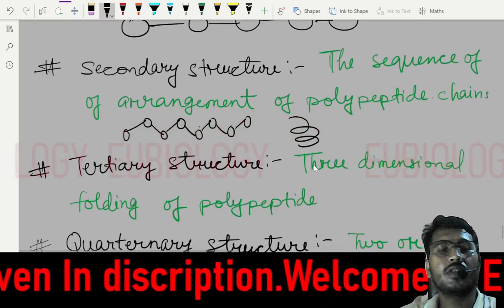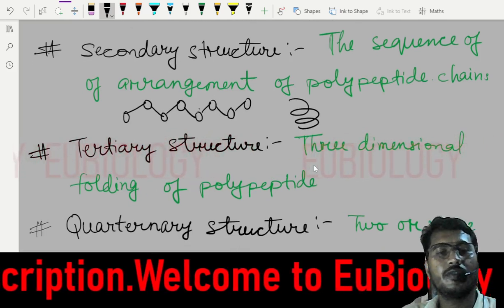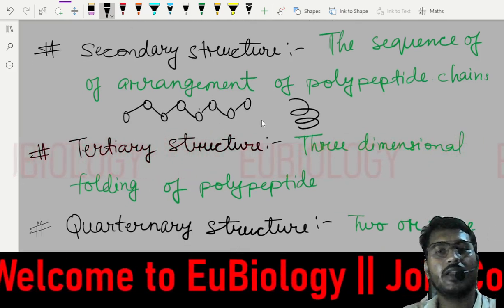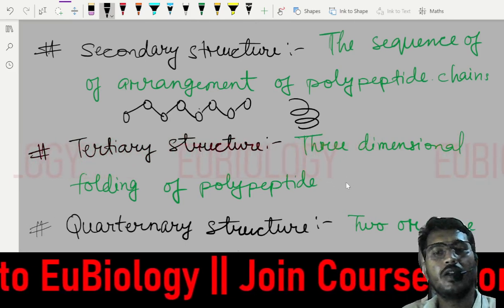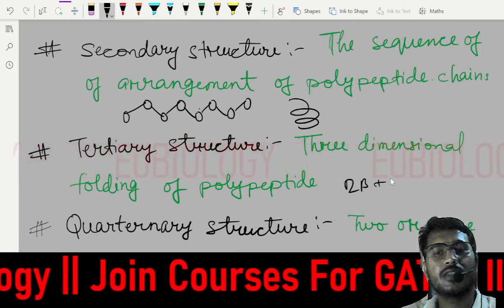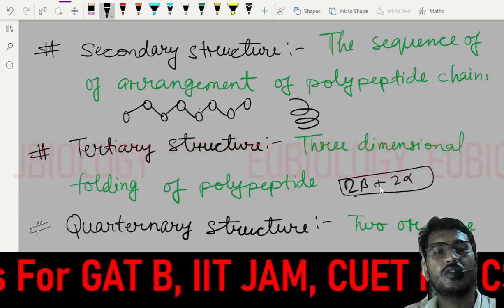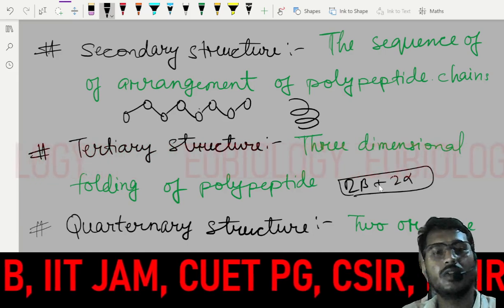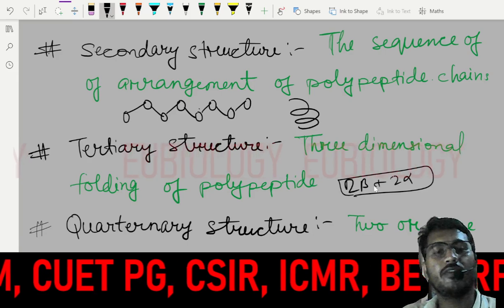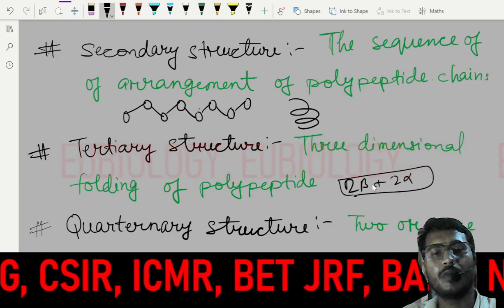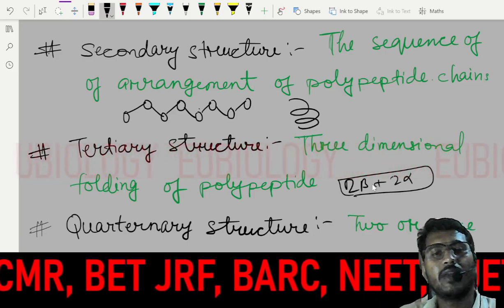Okay, now the tertiary structure is just the three-dimensional folding of the polypeptide, like beta and alpha, or two beta, or beta plus alpha. So like this type of structure, two beta, two alpha, or so many beta will come together, and it will form a polypeptide by the help of the folding.